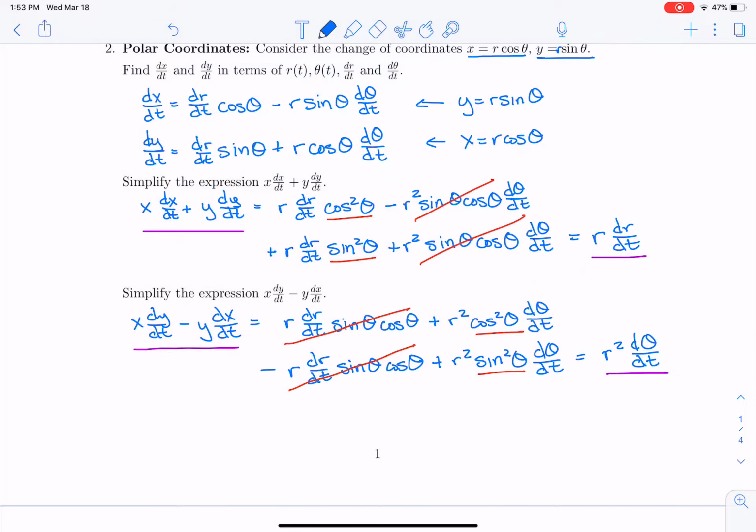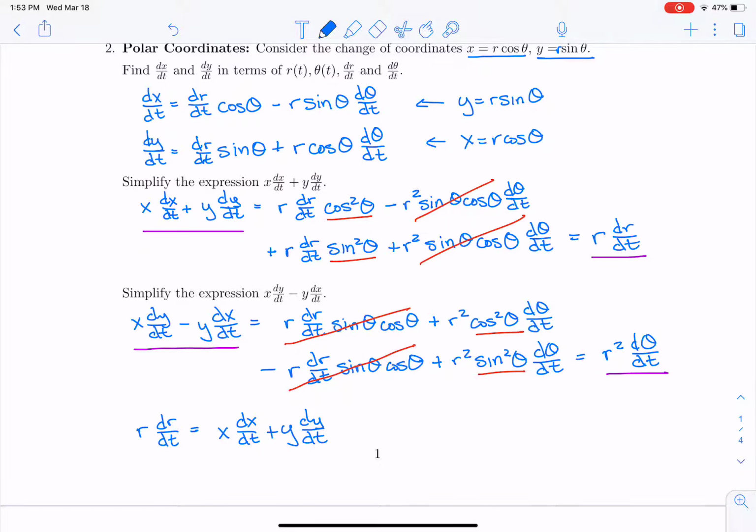So I can kind of summarize these things. I've learned now that r dr/dt is equal to x dx/dt plus y dy/dt.